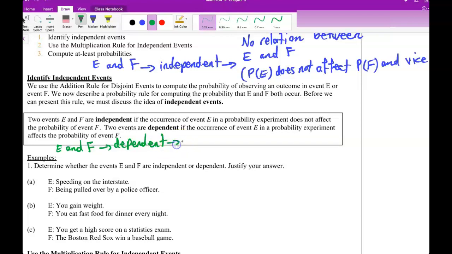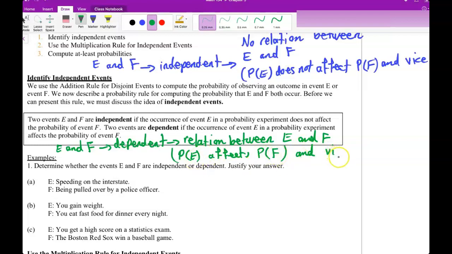Meaning that there is a relation between E and F. And also probability of E affects probability of F, and also probability of F affects probability of E.